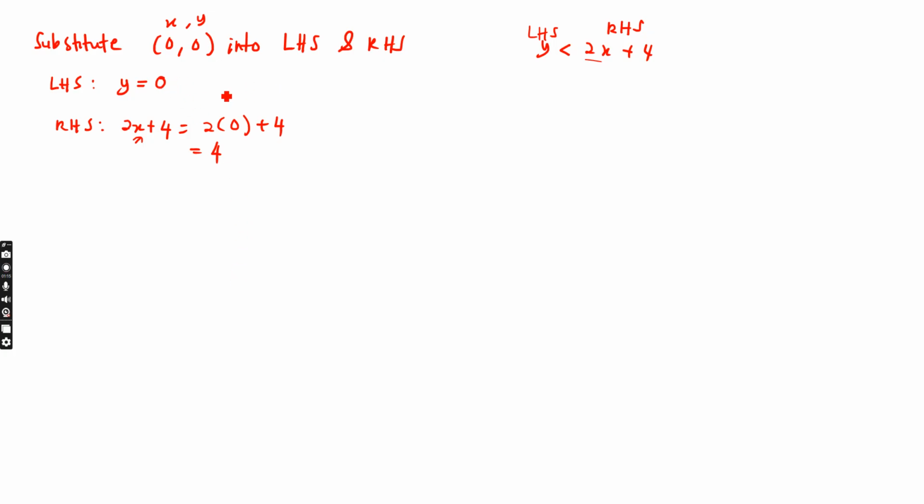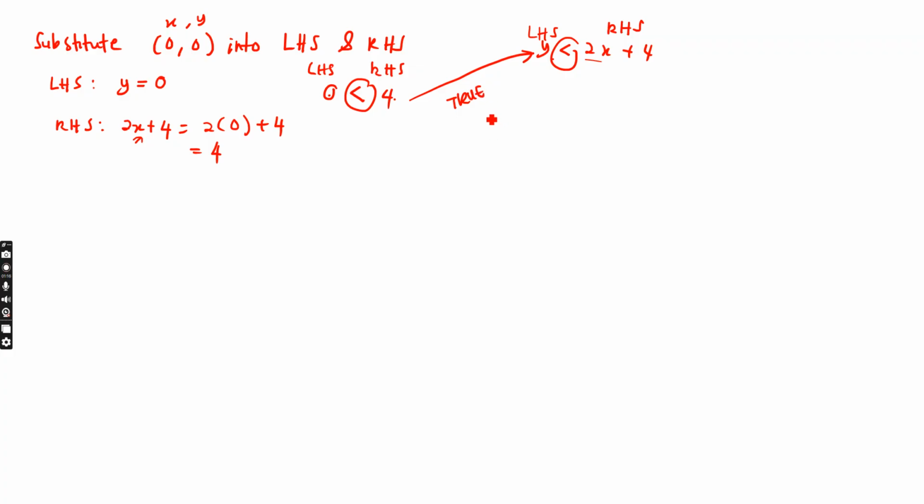So the left hand side is 0, and the right hand side is 4. 0 is less than 4. Is it the same symbol as this one? Less than also, which means this statement is true.